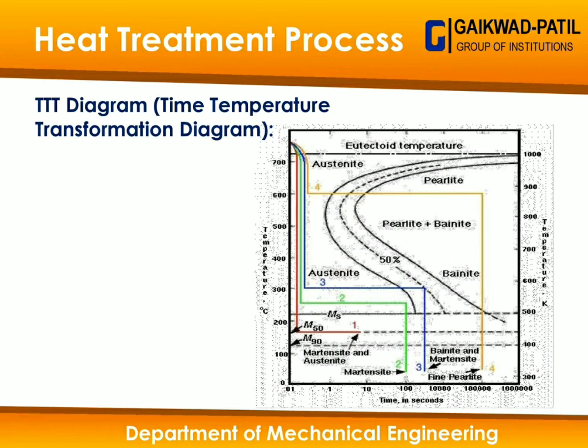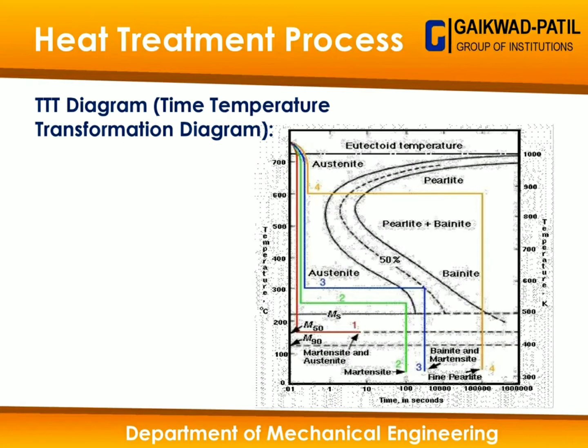So all these limitations of the iron carbon diagram are overcome by the TTT diagram. The TTT diagram, also called the time temperature transformation diagram, consists of the time constants, and here we are going to understand how the transformation takes place. The TTT diagram is usually used to study steel transformations, right?